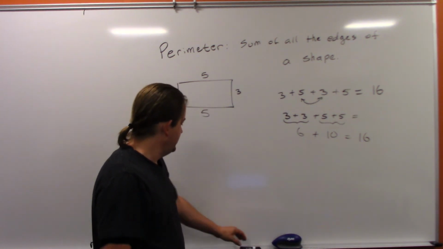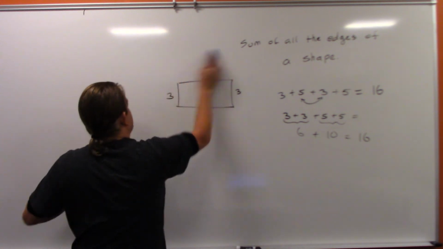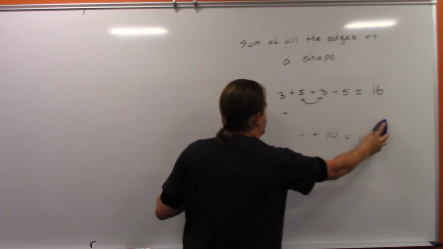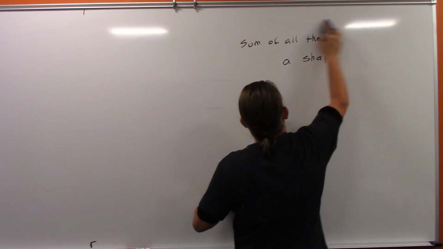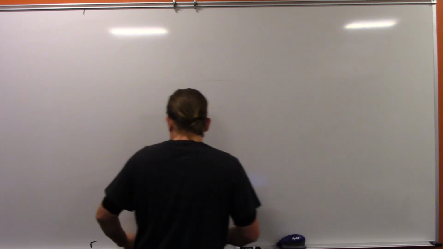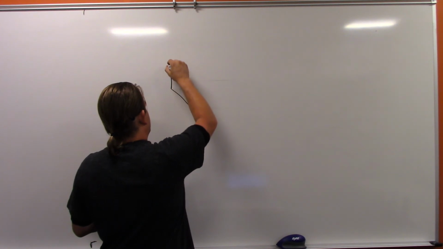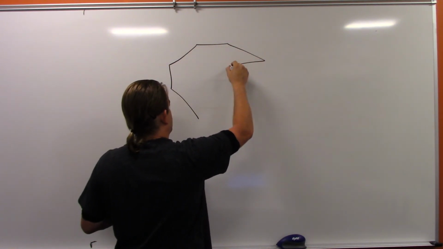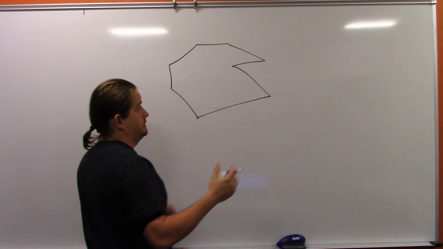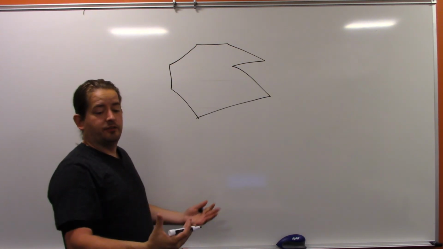Let's see another one. Sometimes we'll have some funky shapes. So if I have something like that, the perimeter is just everything added together.